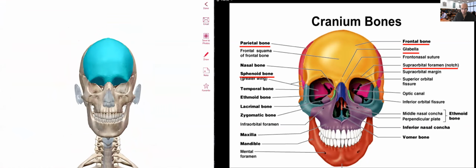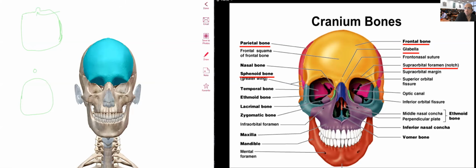So rather than having an orbit, and above the orbit I have a hole, which is the supraorbital foramen, I might have an orbit, and rather than having a separate hole, I have a depression in the orbit like this. So it's a depression rather than a hole. So we call this a notch.